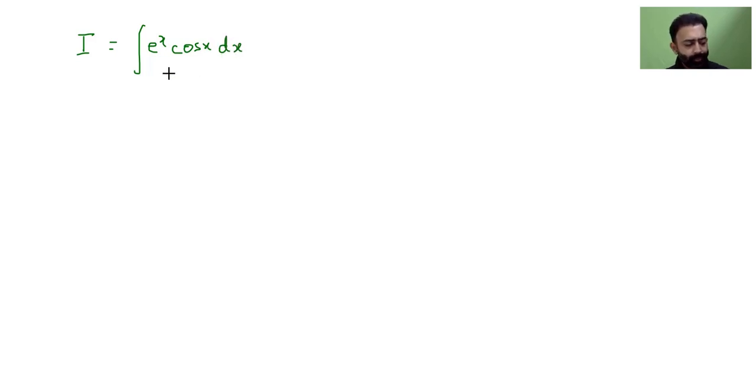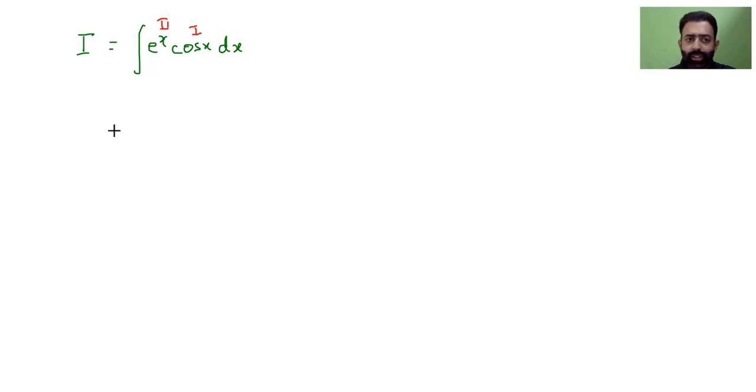Okay, so e raised to power x cos x, this is your function, right? So here you will write this cos x as your first function and e raised to power x as second function, because according to ILATE, T comes first, then E. Okay, so now e raised to power x is my second function.